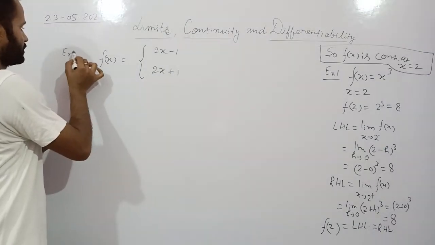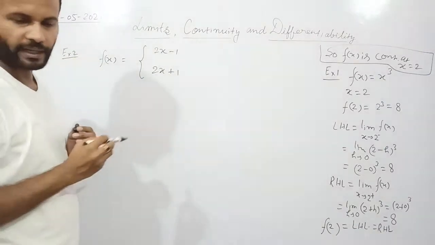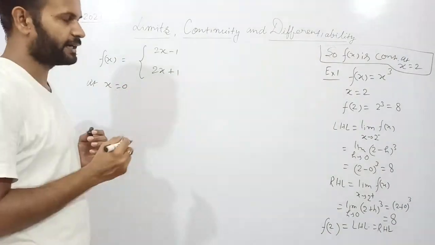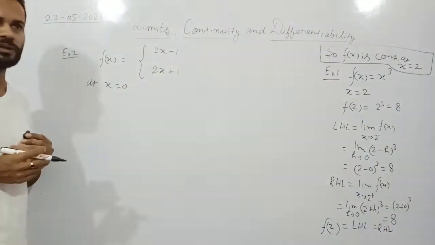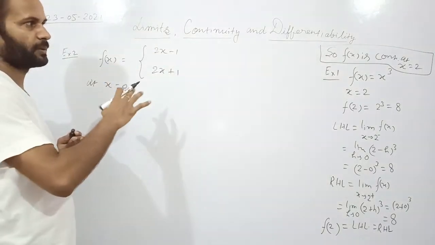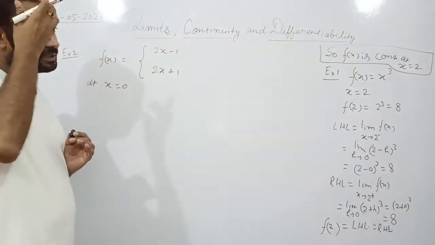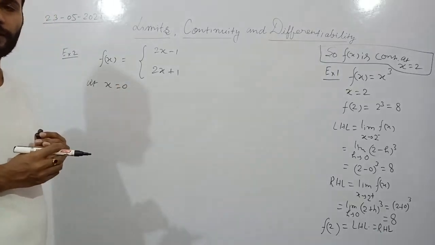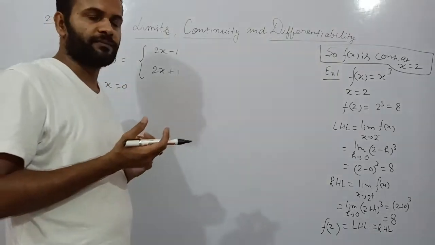Example number 2. At x equals 0, we have to find whether this function is continuous or discontinuous. By applying the continuity conditions, continuity restrictions, we can find whether the function is continuous or not. There is one more method, which is graphical.